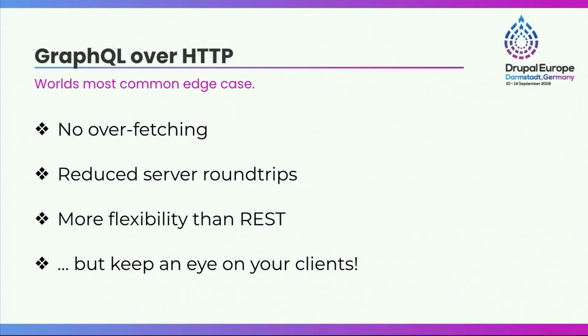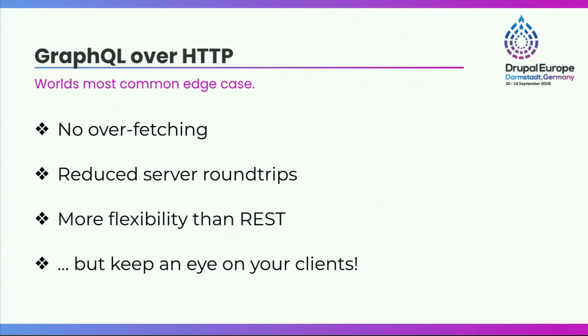The other benefit would be that you can reduce the server round trips. Like in our example before, REST for these related articles would just return the ID, and to get every related article's title, you would have to do another REST request to get this information.